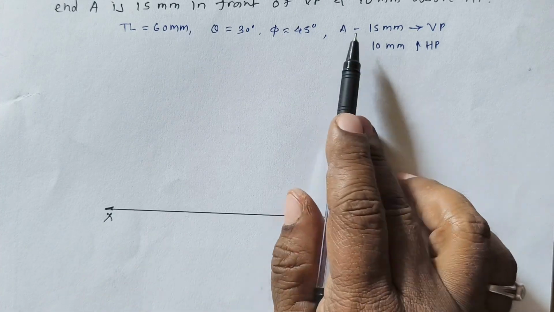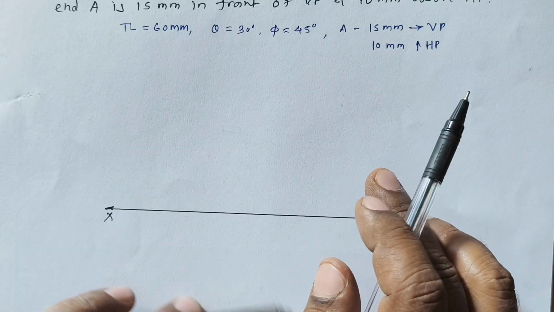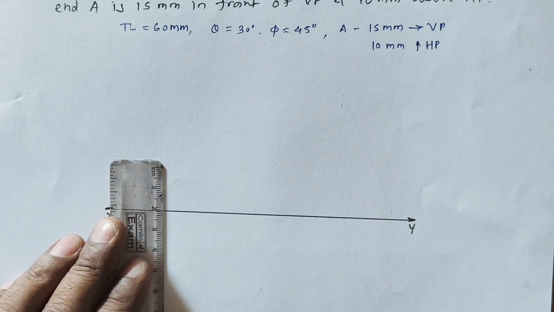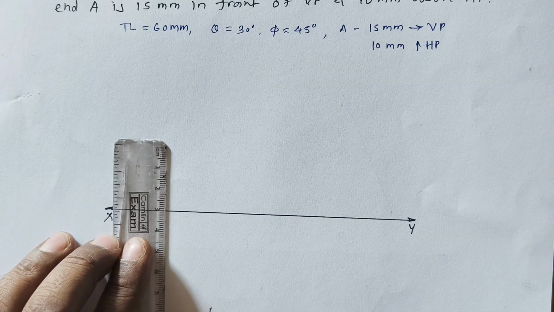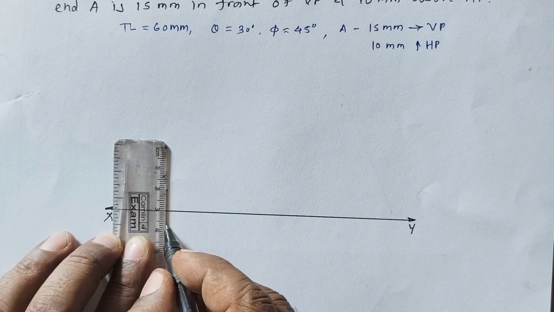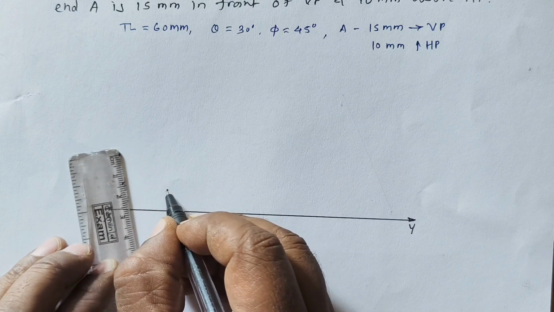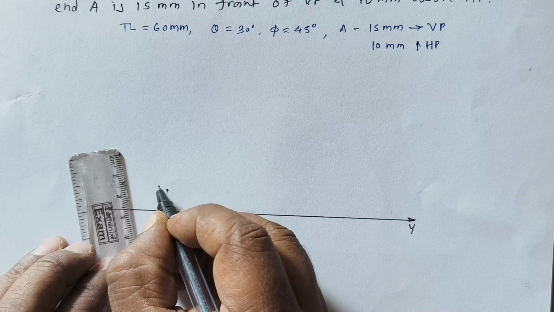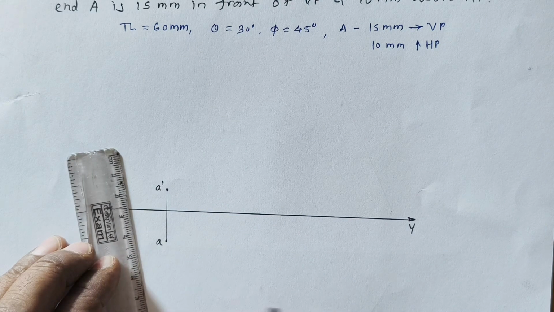The location of A point is 15 mm in front of VP, 10 mm above HP. It means its front view is 10 mm above XY line, and its top view is 15 mm in front of VP, means top view is 15 mm below XY line. So this is the front view of this point, that is the A dash, and this is the top view of this point, that is the A.